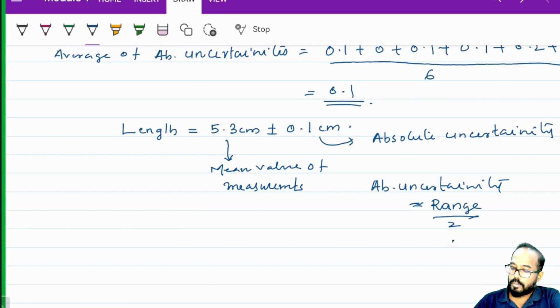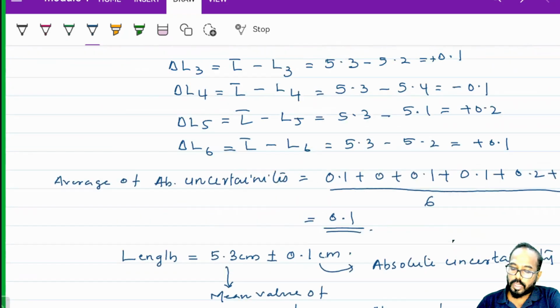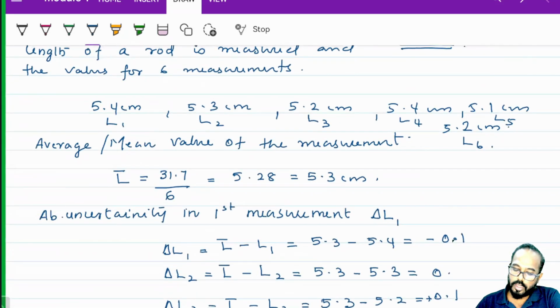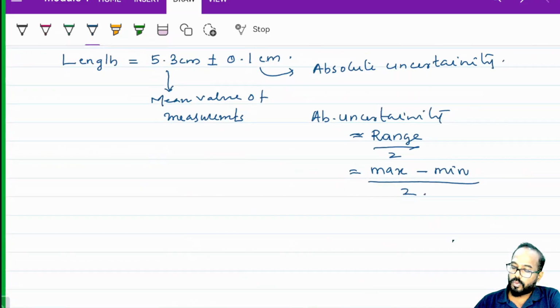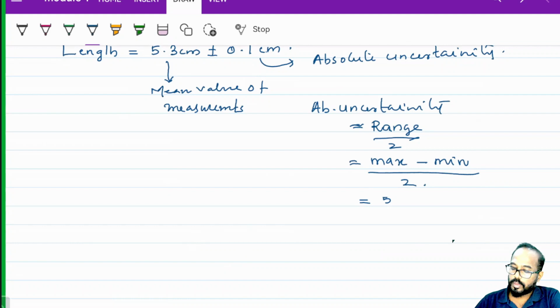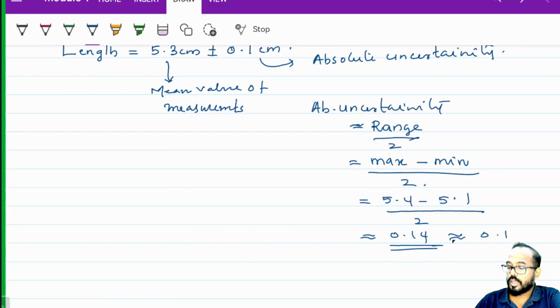Range is maximum minus minimum, divided by 2. The maximum value of measurement here is 5.4. The minimum is 5.1. So 5.4 minus 5.1 divided by 2, you will get approximately 0.14. So 0.1 you can take.